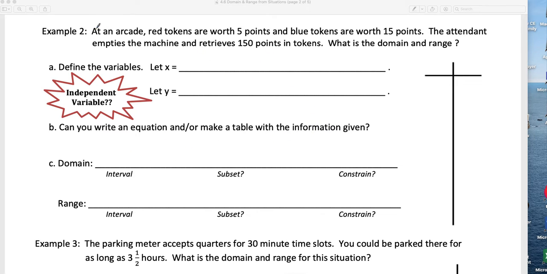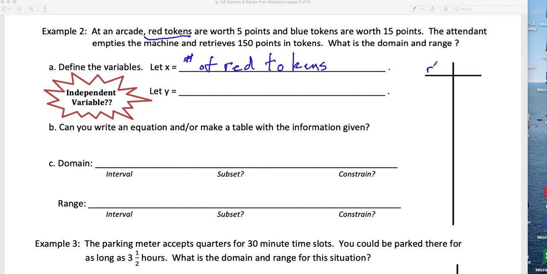We're going to take these in the order they were given, and we're going to say that red tokens, which are worth 5 points, are going to be X. And it's strictly because that's what order they're in. So this is the number of red tokens. And I am going to use this table, so I'm going to put it here.